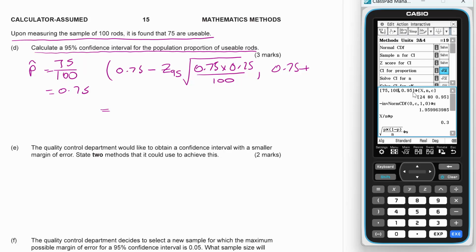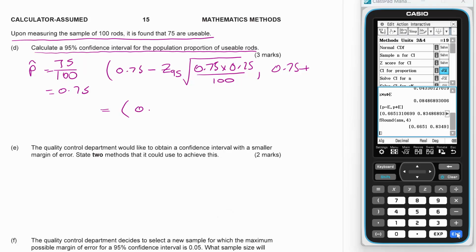And we were using a 95% confidence interval, so we don't need to change that one. And that would give us this. Maybe I should have done it again in decimal. And that gives me 0.6651 up to 0.8349.